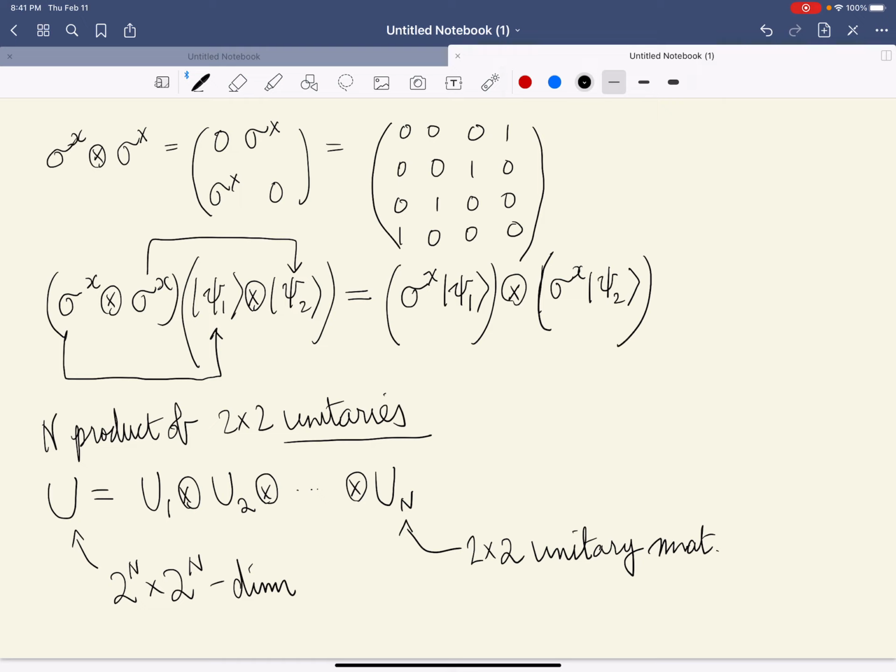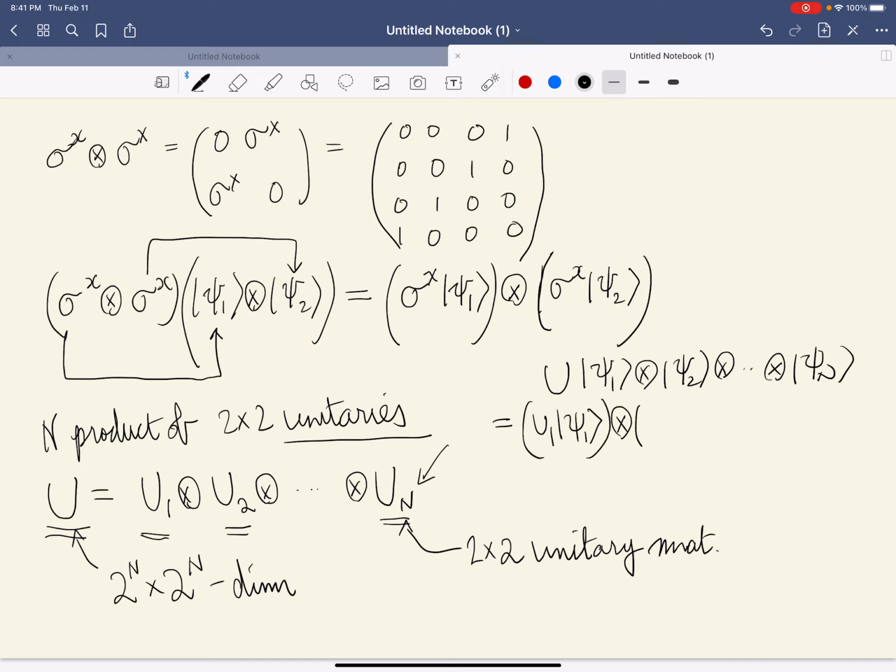The rule is that if a given unitary matrix can be broken down as a tensor product of unitary matrices that act only on one qubit at a time, then the result of acting with this unitary matrix on the product state psi 1, psi 2, all the way up to psi n, is just u1 psi 1 product u2 psi 2 product, etc., all the way up to un psi n, which continues to remain a product state.